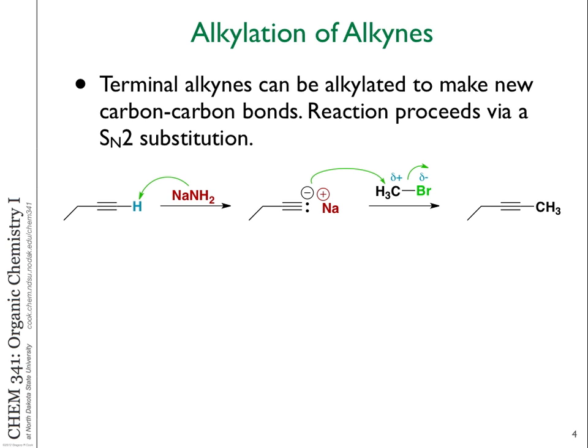So deprotonate, if you have an alkyne at the end of a carbon chain, it'll have a hydrogen, which you can take off with sodium amide or potassium amide to generate a carbanion that can react with an electrophilic carbon like an alkyl halide in an SN2 reaction and form a new bond. Okay, and that way we can build up carbon chains. And then you still have a functional group that you can use as a handle to do other things with.